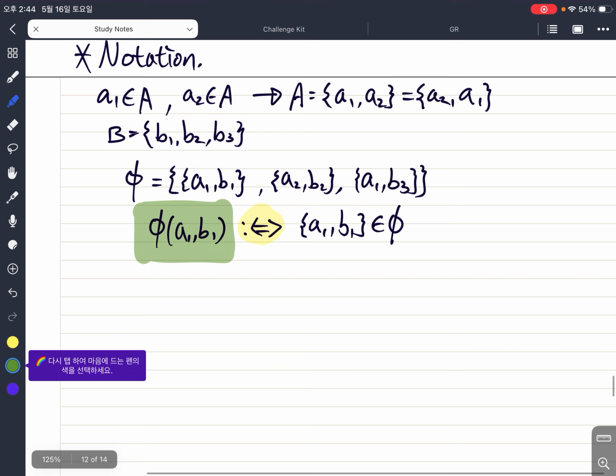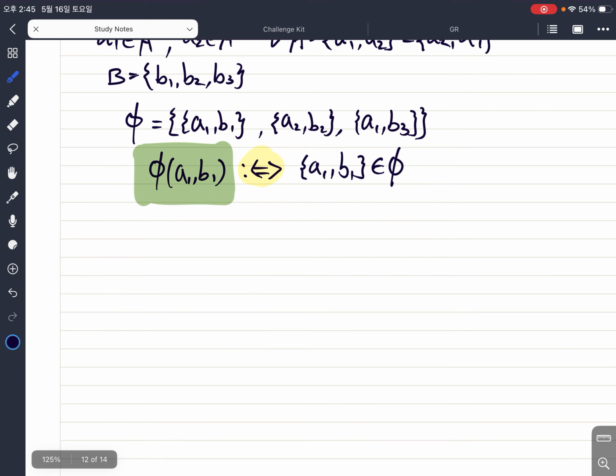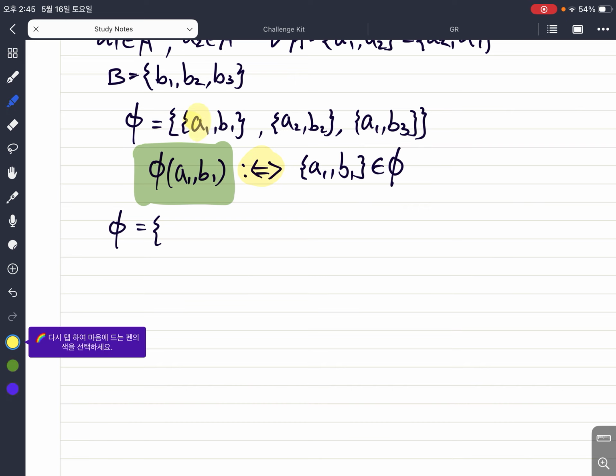Let me go to the second. You will meet function or mapping. A function or mapping is nothing but a relation phi, the same phi, but in this case there is a unique element in B. You can see that A1 is related with B1, and A1 is also related with B3. So for A1, the related elements in B are B1 and B3. So it is not unique.